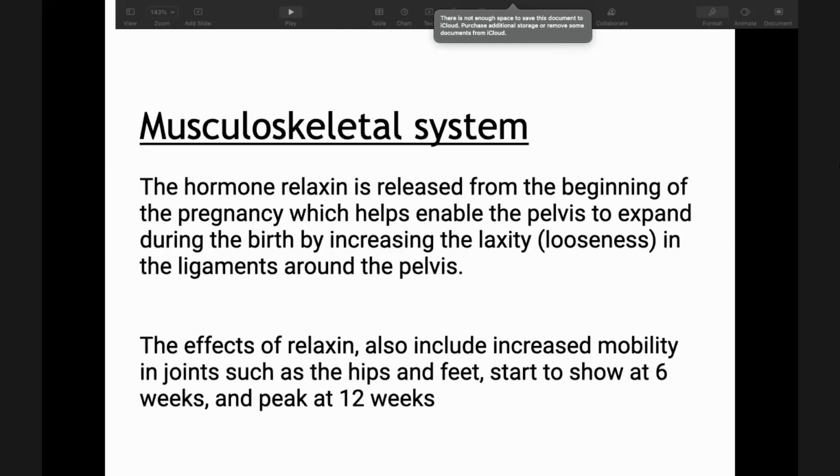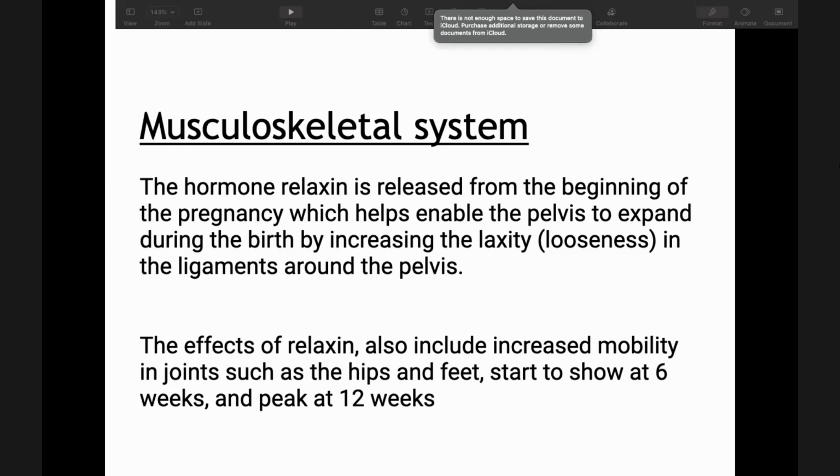The musculoskeletal system is very important. Because of the relaxin hormone, there is an expansion: the pelvis expands to accommodate the baby, and there is laxity or looseness in the ligaments around the pelvis. They get conditions like symphysis pubis dysfunction, SPD, and also back pain, hip pain, and pelvic girdle pain.